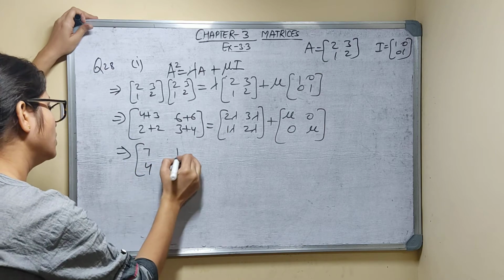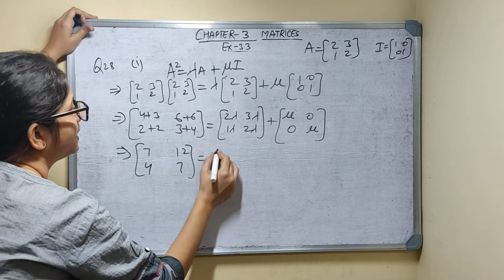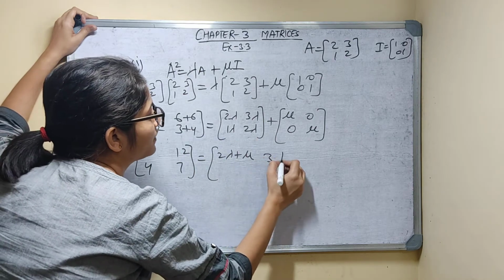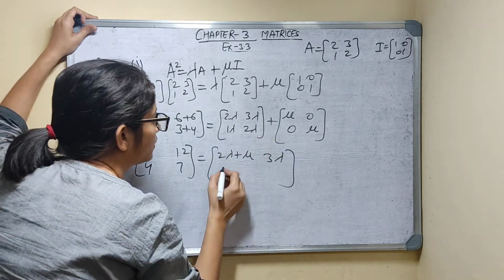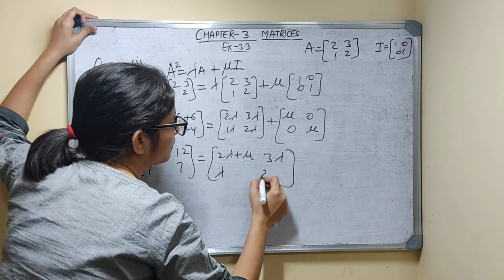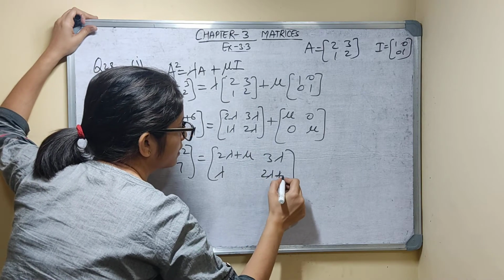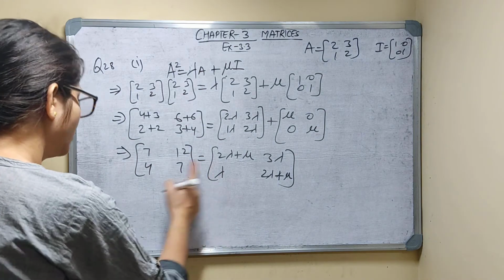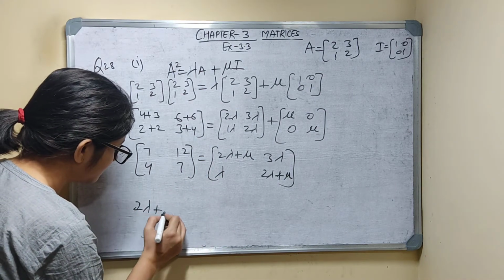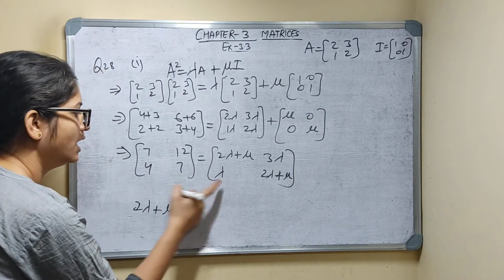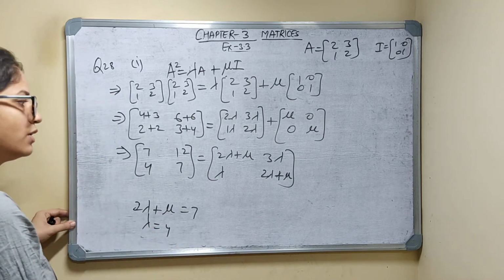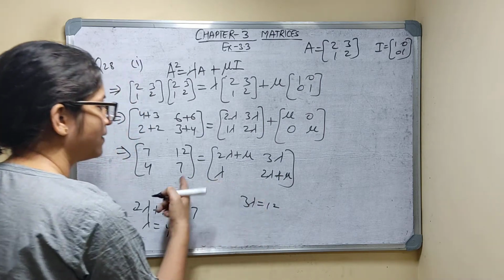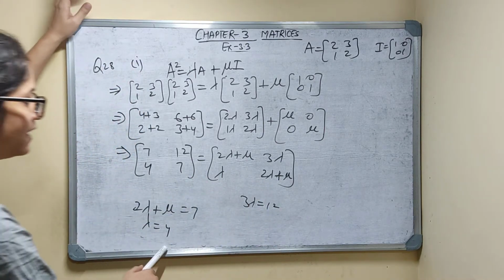So 7, 4, 12, 7 is equal to 2 lambda plus mu, 3 lambda, lambda, 2 lambda plus mu. Is it clear? You can equate: 2 lambda plus mu is equal to 7, and 3 lambda is equal to 12, so lambda is equal to 4.